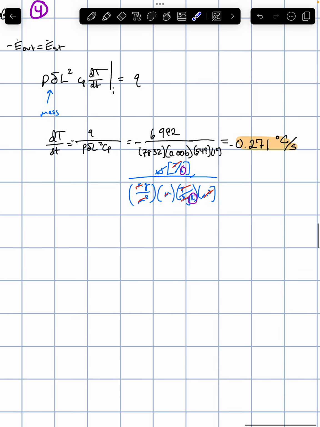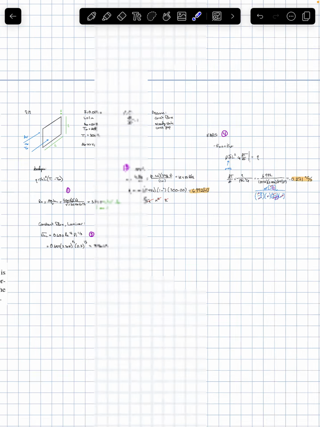Those are all givens, either from the problem or from 1010 steel in the table in the book. So we'll plug those in, and we get negative 0.271 degrees Celsius per second. And that's the problem.